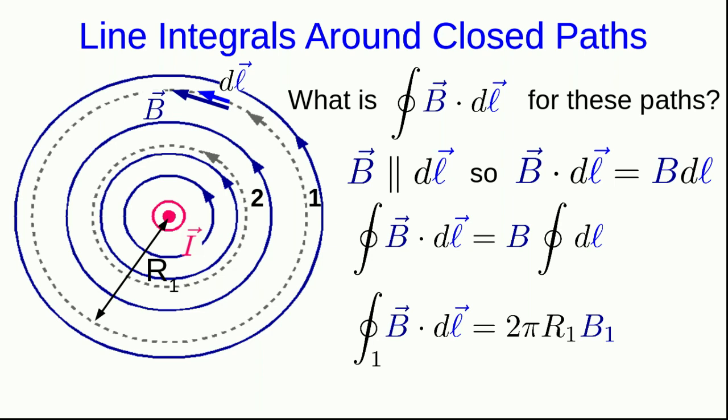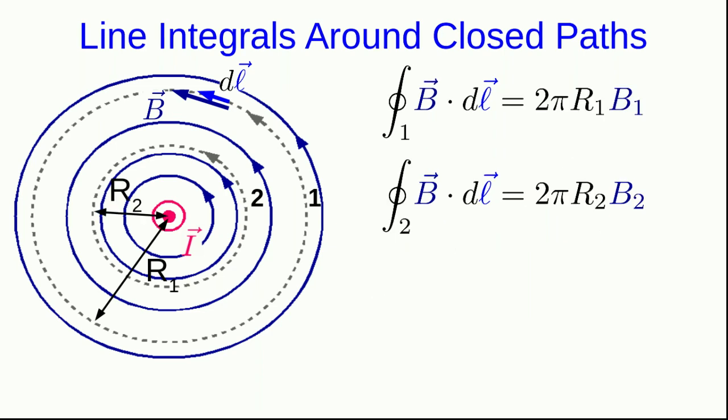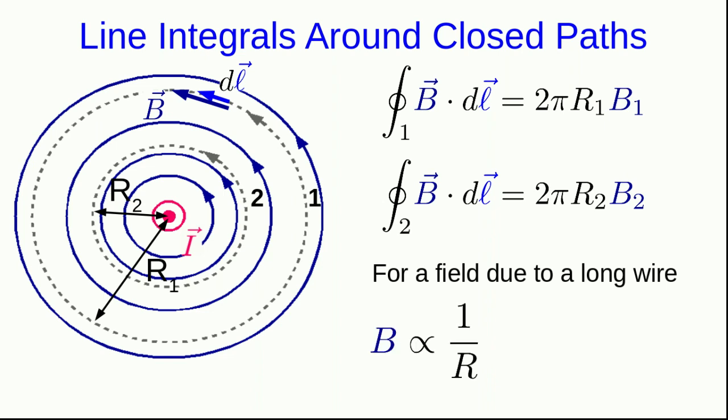What about the integral around path 2? Well, all the same arguments will apply, and so we're going to get exactly the same sort of expression. What we'd now really like to know is how to compare these two expressions. Well, it's reasonably easy to show experimentally that for a field due to a long wire, the B field's strength is proportional to 1 over your distance from the wire.